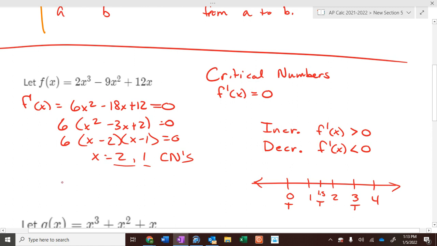If we put 0 into the first derivative, we get 12. What's the first derivative at 3? If I'm doing a number like 3, I'm going to stick it into the factored form because it's easier. 3 minus 2 is 1, 3 minus 1 is 2, and 1 times 2 times 6 is 12.